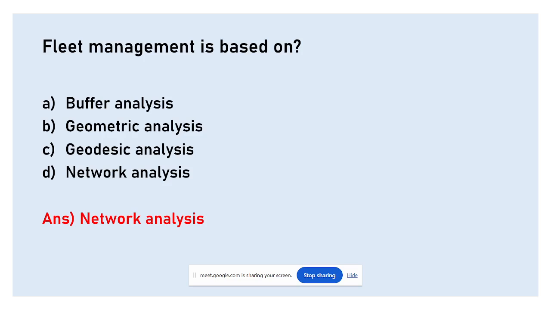Like route optimization, shortest path is better for delivery people. Or real time monitoring: if you're ordering food, you can see where the rider has reached. Such things are done using fleet management.